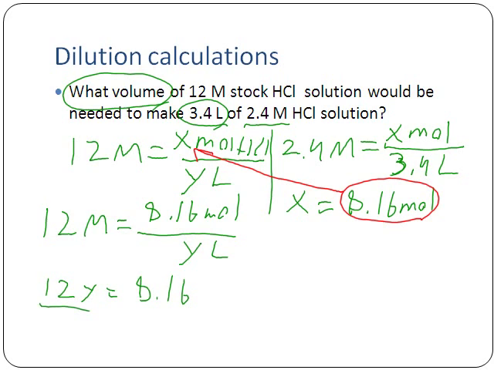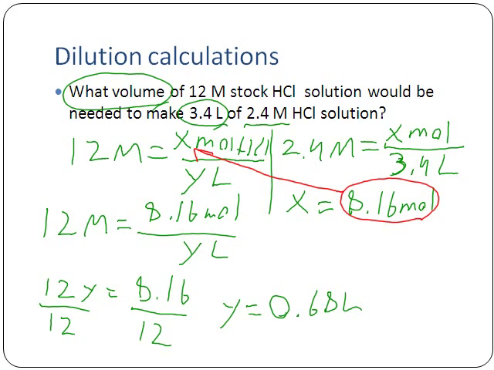And so now I just want to divide both sides by 12. So doing this, we get that Y is equal to 8.16 divided by 12. To get that divided by 12, I get 0.68. And so in this case, I get 0.68 liters of my 12 molar solution.